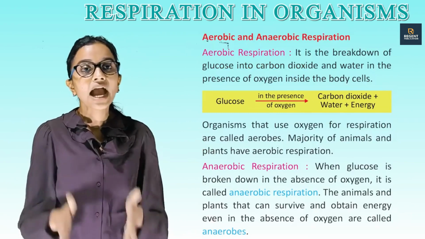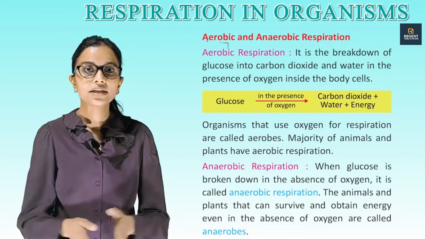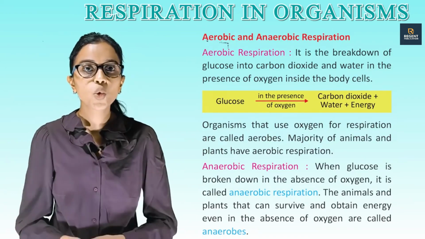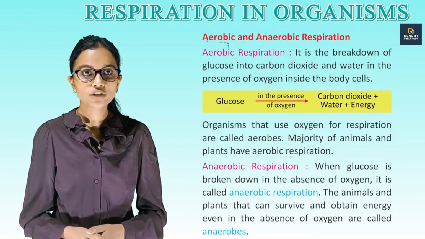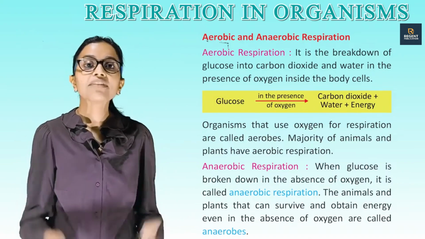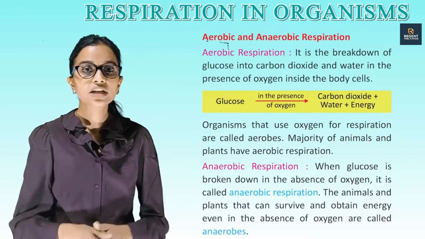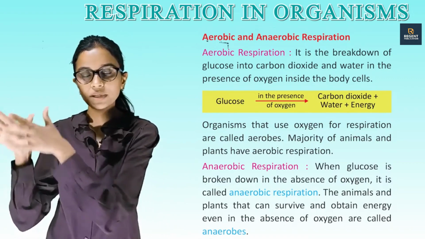Aerobic and anaerobic respiration. Aerobic respiration is the breakdown of glucose into carbon dioxide and water in the presence of oxygen inside the body cells. And the equation is glucose in the presence of oxygen gives carbon dioxide plus water plus energy.